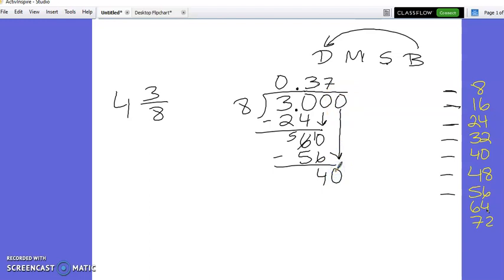pull it down, and after bring down, I go back to division, 8 into 40. Right there. 1, 2, 3, 4, 5. And that should be exact. Okay? So now this isn't my answer. That's just a fraction.